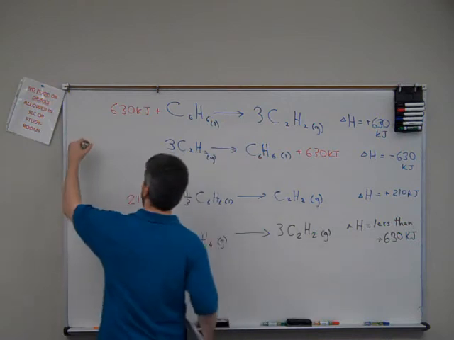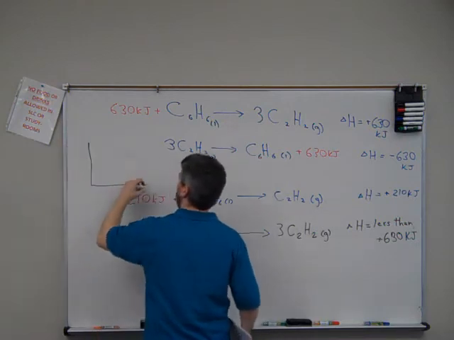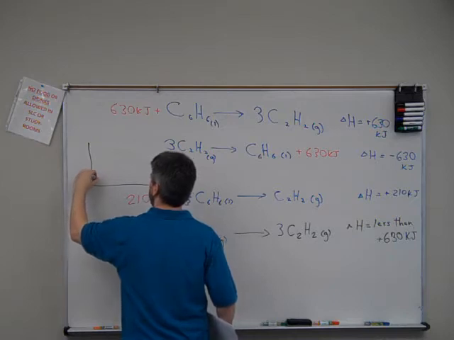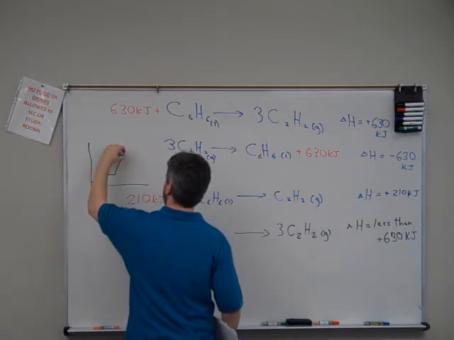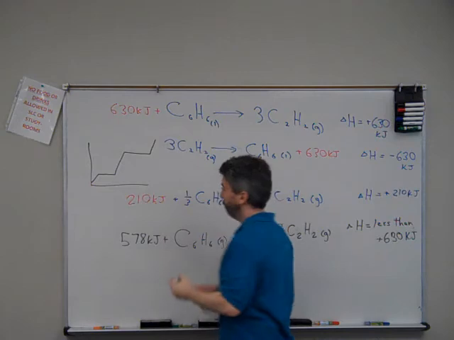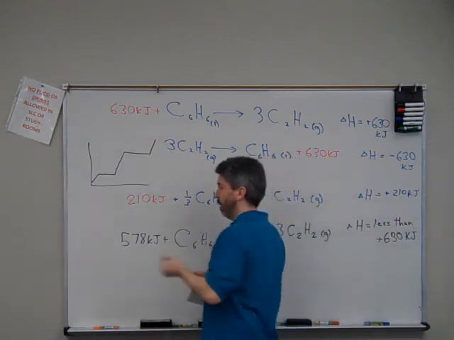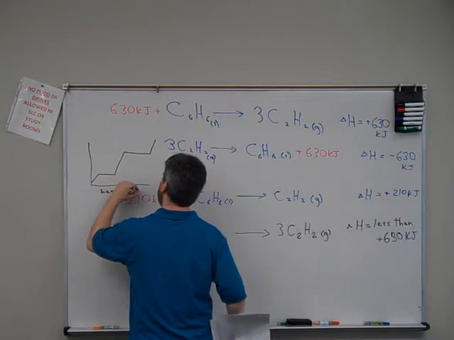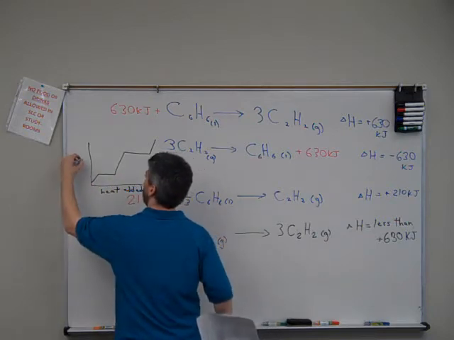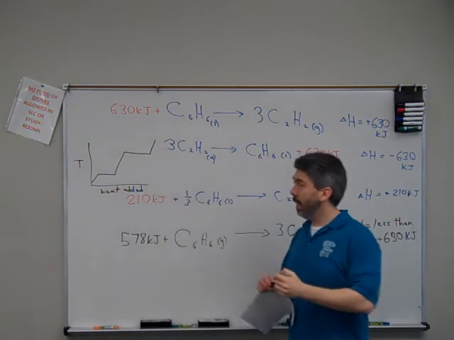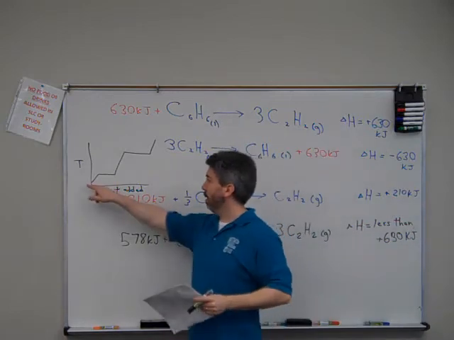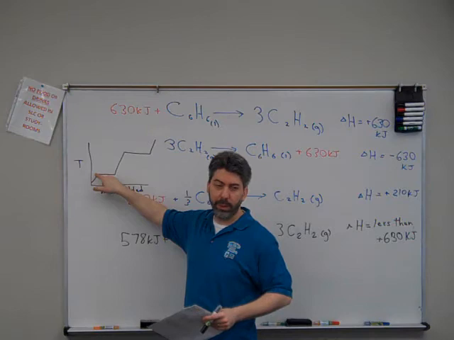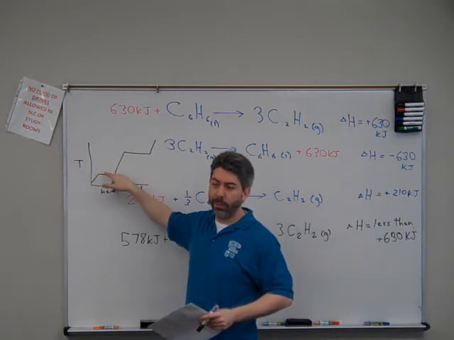To put it this way, and you'll learn about this a little bit more later, as you add heat to a substance, the solid will warm up until it reaches the melting point, at which point it will melt.